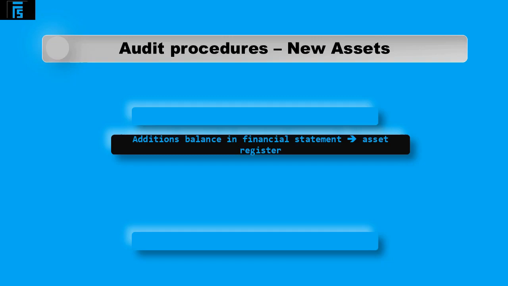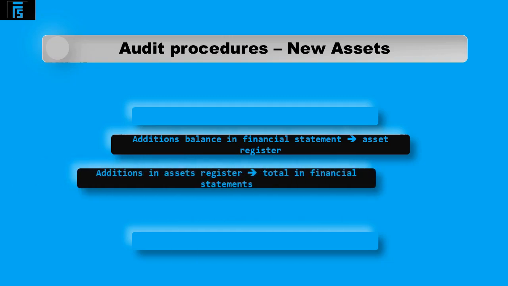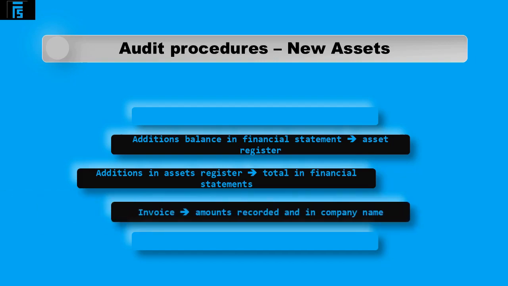This will verify completeness. Adding up the additions in the asset register to ensure they agree with the total in the financial statements also verifies completeness. And for additions in the year, trace to the invoice to agree the amounts recorded and whether the invoice is in the company name. This verifies rights and obligations.